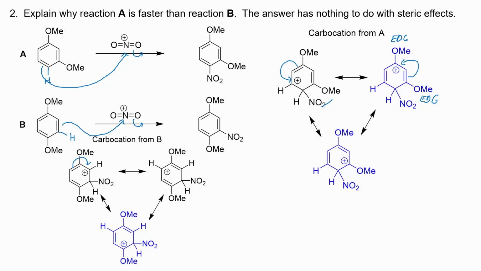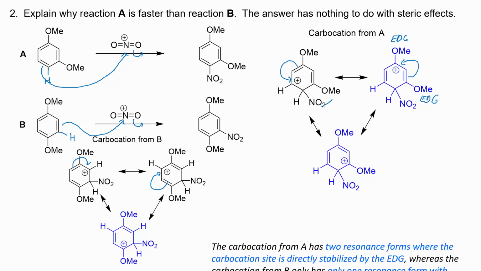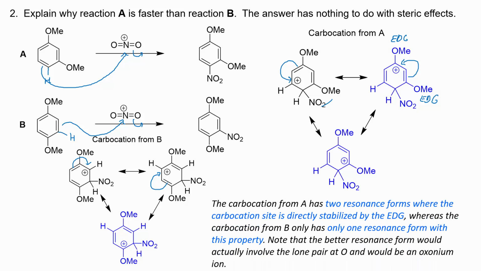In this last one, we actually put the carbocation directly beside the electron donating group. But notice that in the carbocation from A, there are two resonance forms that have the carbocation beside the electron donating group, and in B, there's only one. So this accounts for the faster reactivity of A.